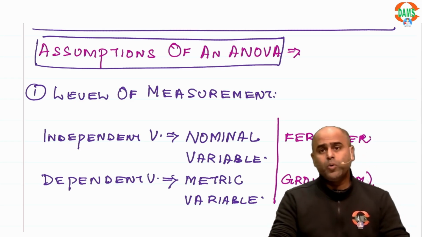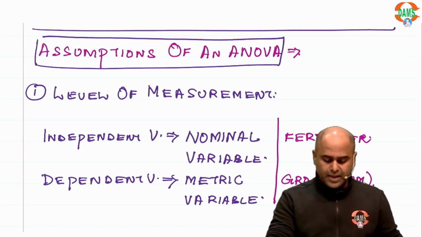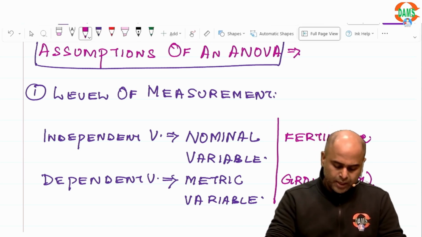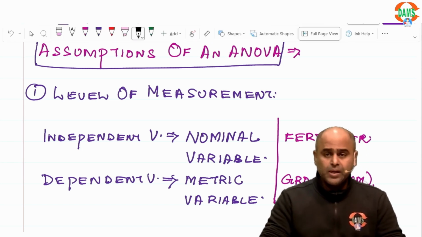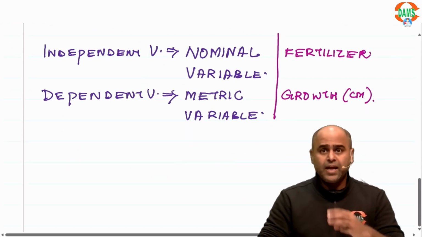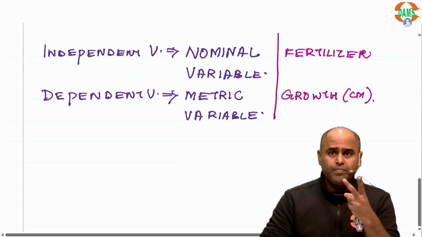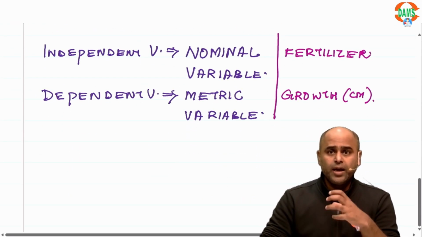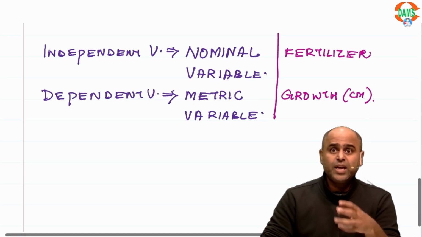Similarly, suppose I have another example where I am looking at a group of people who are hypertensive and I give them three drugs, drug A, B, C, and I look at the mean change in BP.